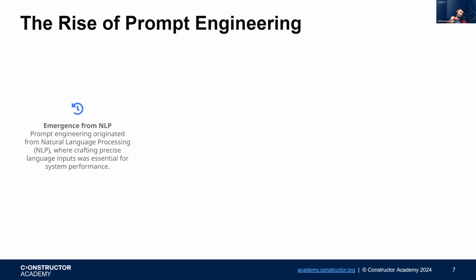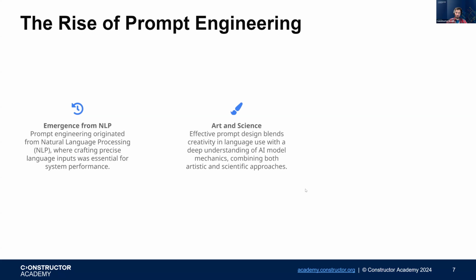Perfect. So far we saw that prompt engineering originated for natural language processing models, which were crafted to have precise language inputs, right? We saw a few lectures ago how important prompt engineering is for the performance of the models.